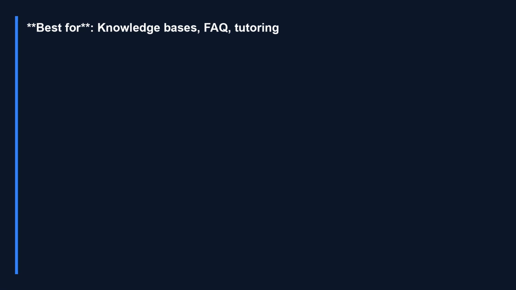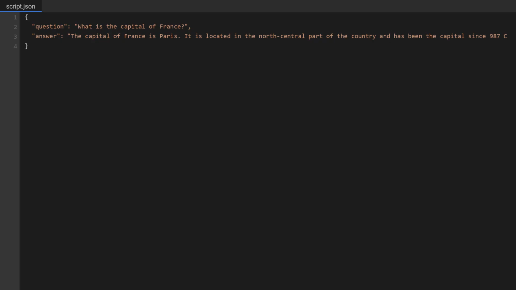The fourth format is the Q&A format. Straightforward, targeted, and ideal for knowledge-dense applications like FAQ systems and tutoring tools. The Q&A format strips everything down to two keys: question and answer.